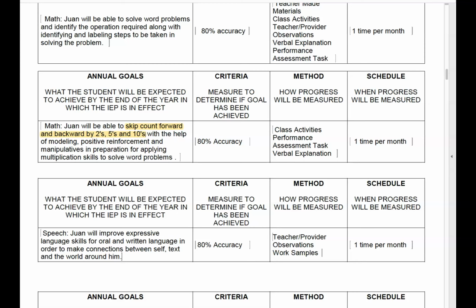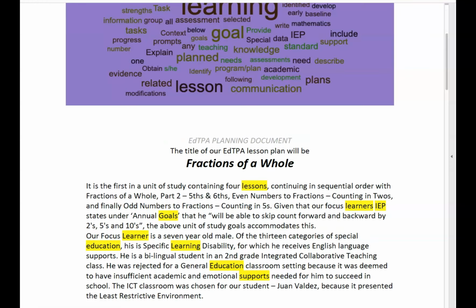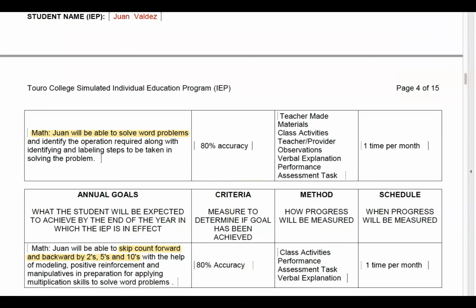It's an annual goal that he will be able to skip count forward and backward by 2s, 5s, and 10s. All this is summarized on the EdTPA planning document that is an overview of the EdTPA lesson plan that I'm reviewing here. A specific math goal on the IEP is that he will be able to solve word problems.